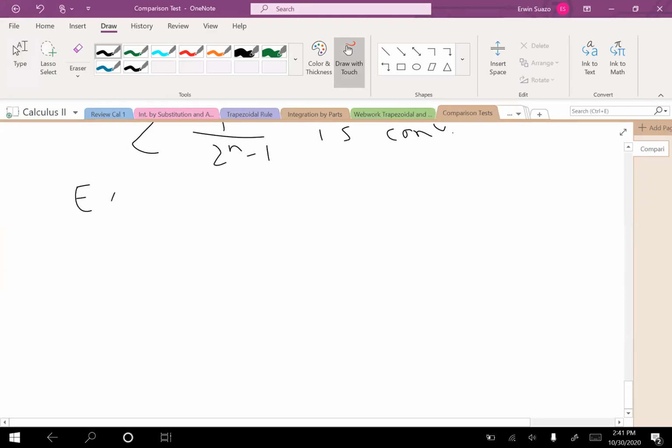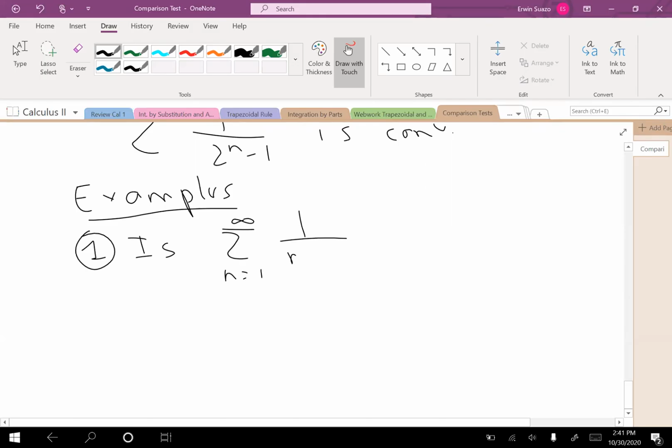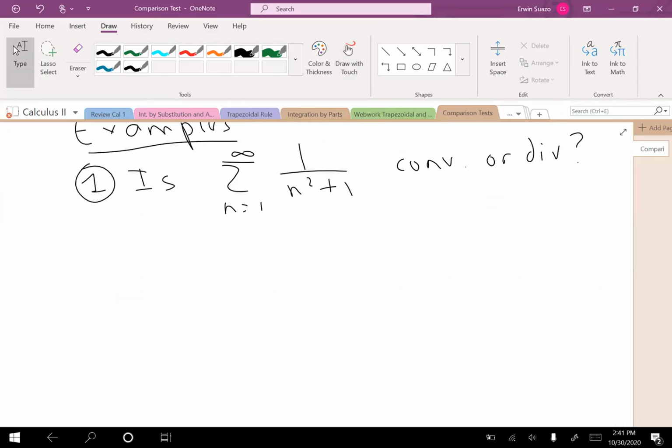Example. The first one is the sum from n equals 1 to infinity of 1 over n squared plus 1. Convergent or divergent? Go ahead, I'll give you 3 minutes to solve that one. And let me give you another one.